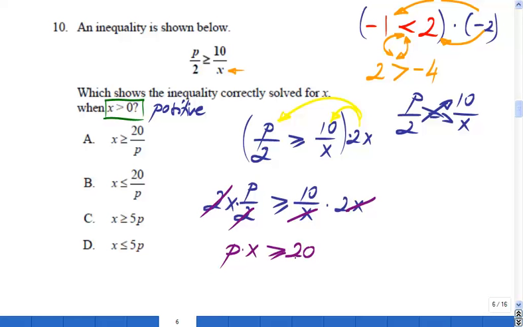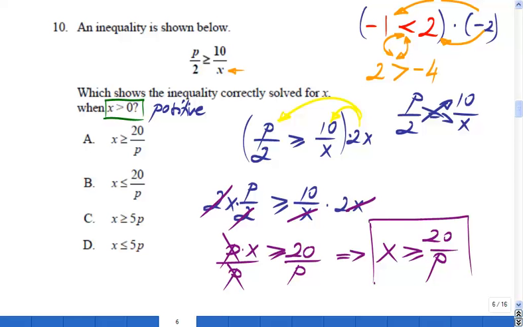Now, because I need to find what is the relation of x to this number, I will divide everything by p. P divided by p, and my inequality becomes x greater than or equal to 20 over p. That's the answer.